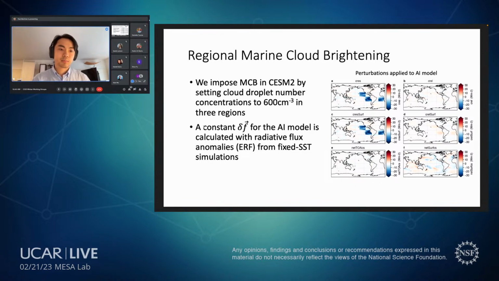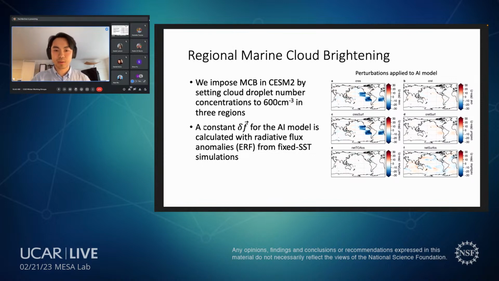In order to evaluate our model, we've taken some data from a separate project we're working on, where we've imposed marine cloud brightening in CSM2, in this case by setting cloud droplet number concentrations to 600 per centimeter cubed in 3 regions that have a high concentration of clouds that are sensitive to cloud droplet number concentration perturbations.